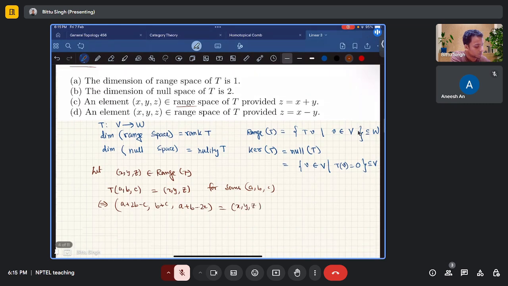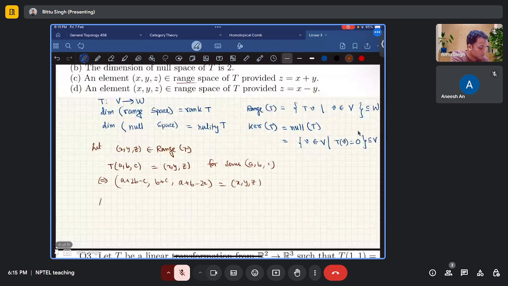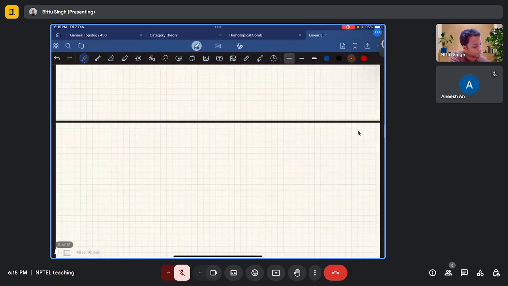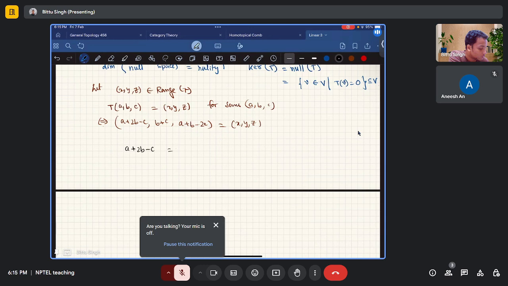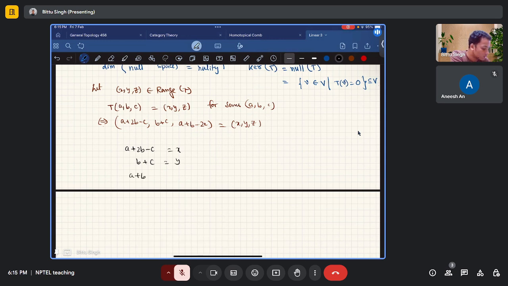So we need to solve this system of equations: a plus 2b minus c equal to x, b plus c equal to y, and a plus b minus 2c equal to z. So find (a, b, c) for which this holds.